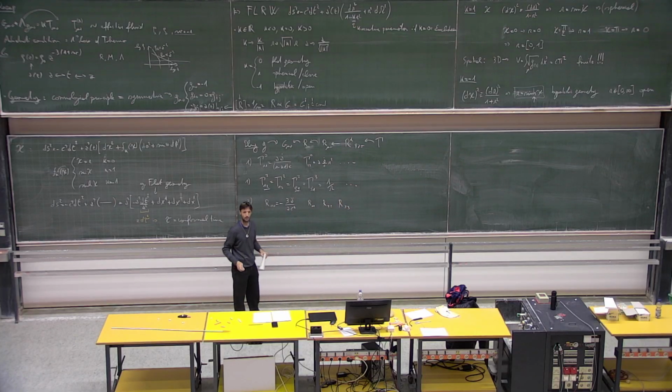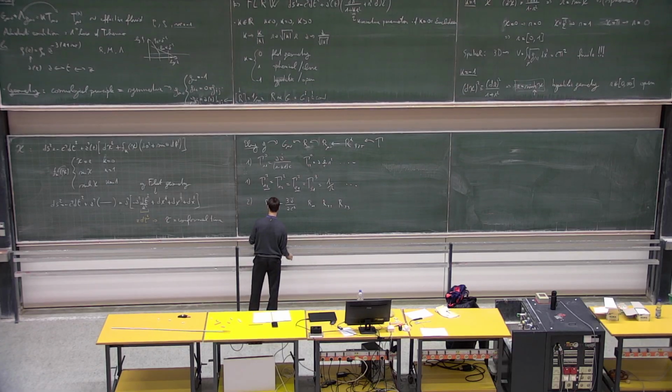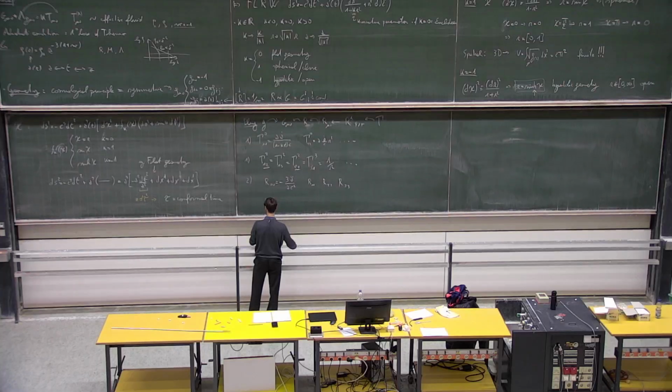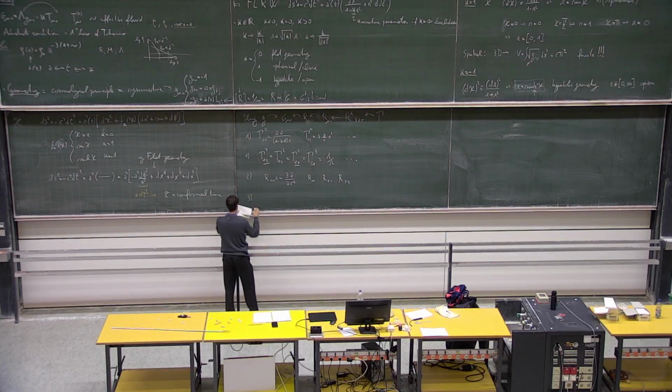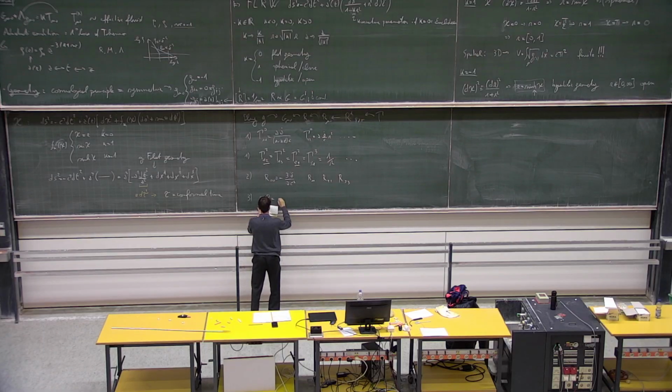These are the three non-trivial values of the Ricci tensor. Then you can contract it, and what you obtain is the Ricci scalar, which reads 6 over a squared times a a double dot plus a dot squared plus k. So you see the curvature is popping up. It is there in your evaluations, right? You can find it here, and you can find it also in the Christoffel symbols.